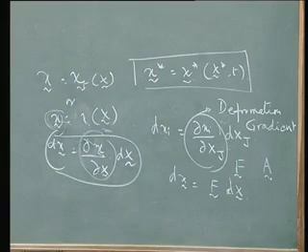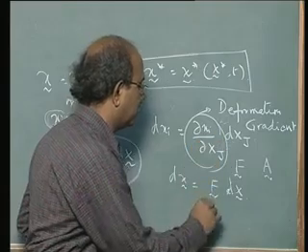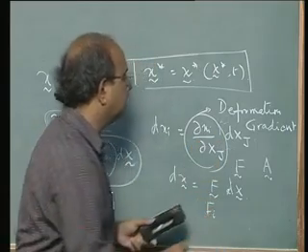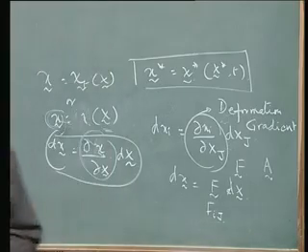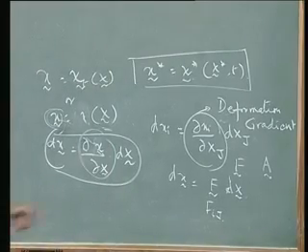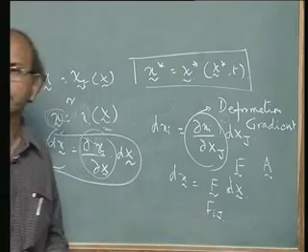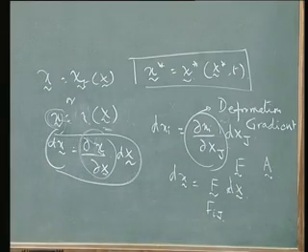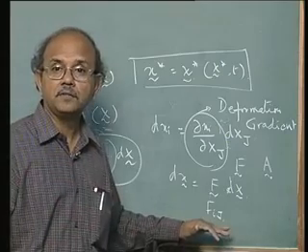Now if you look at F, it has two indices, small i and capital J. This J indicates X_J, and this i indicates x_i. Hence this quantity is called a two-point tensor.